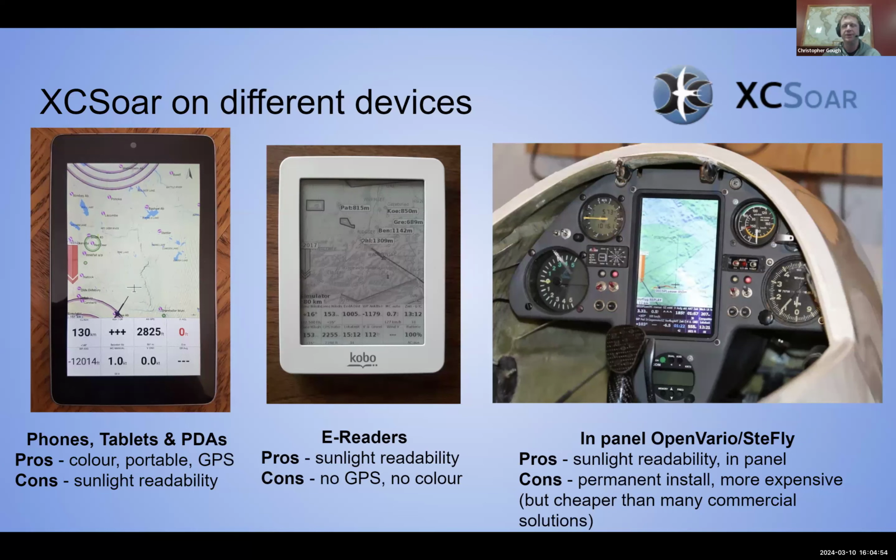OpenVario is something you actually build yourself that runs XCSoar, and you can make an in-panel solution. It certainly looks the neatest, but there are pluses and minuses to doing that. Of course, the OpenVario is the most expensive and there's going to be a cost to install it into your panel. It's not as portable as having a phone, tablet, or an e-reader, which you can easily pull out of a glider and move to any other glider that you're flying.